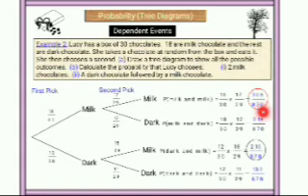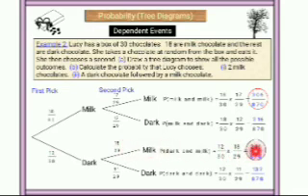Now, the second one, a dark chocolate followed by a milk chocolate. So you need to come to dark here. Dark chocolate followed by milk. Just pick this fraction, multiply by this fraction. So 12 over 30 multiplied by 18 over 29.